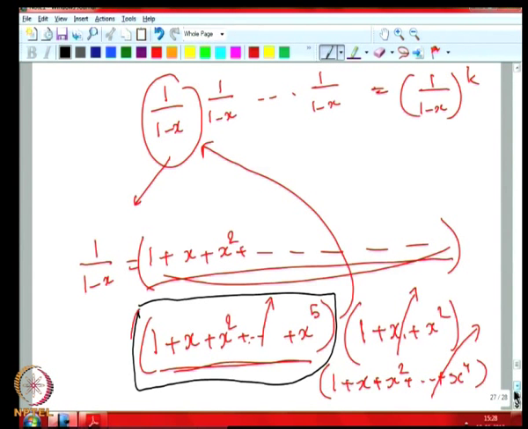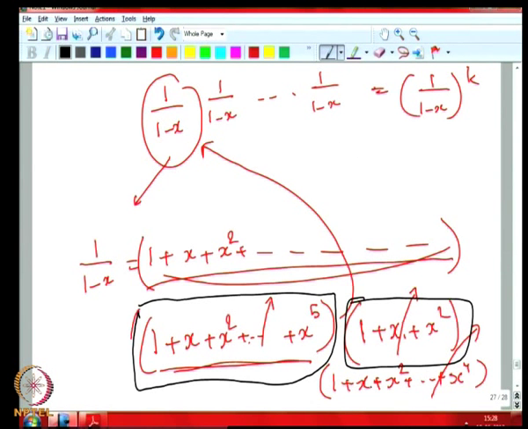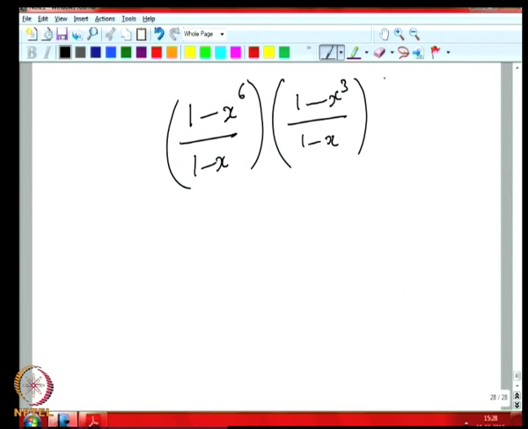Similarly, the next term, 1 plus x plus x square, is 1 minus x cube by 1 minus x, and the last one, 1 plus x plus x square up to x raised to 4, is 1 minus x raised to 5 by 1 minus x, right. We can indeed simplify this. Now, the coefficient of x raised to n in this product will give the number of integer solutions for our problem, with restrictions for E1, E2 and E3, right.